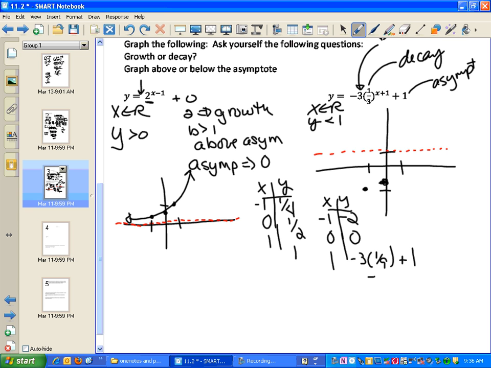That's -1/3 plus 1, so 2/3. So this doesn't look real smooth, but that's what it should look like. Remember, flip it up over the asymptote. Doesn't that look like a decay? You reflect it, just kind of flip it up, and doesn't it look like it's coming down? All right, are we good?